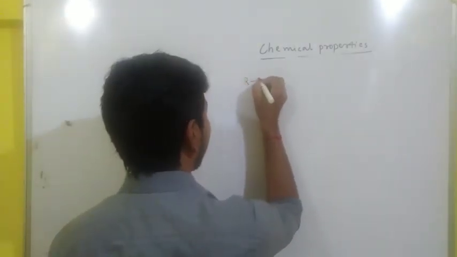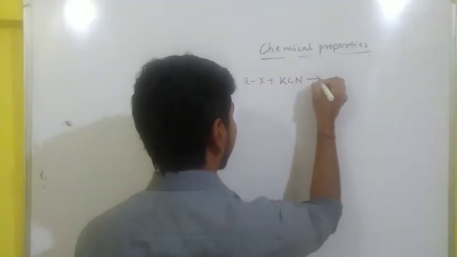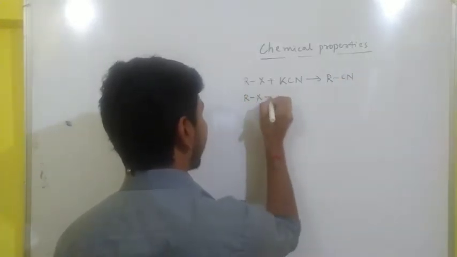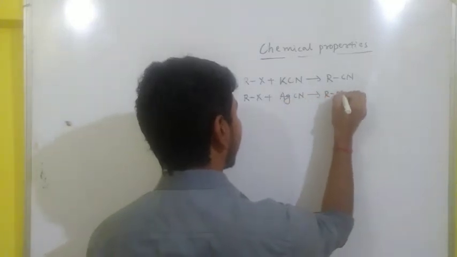So now RX plus KCN, the product is RCN, but RX plus AgCN, the product is RNC.